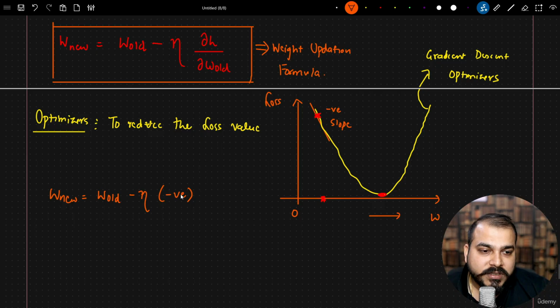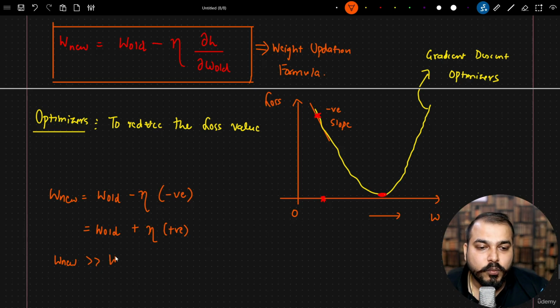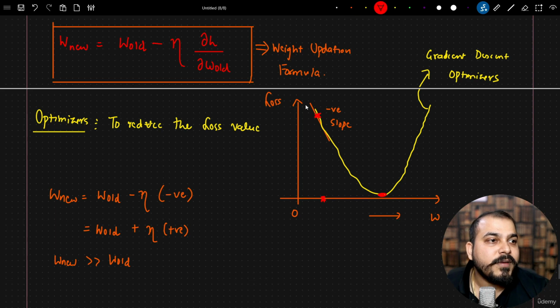Now this is a negative value, so if I add this up, it is W old plus learning rate times a positive value. So here we are increasing the W value. Finally you will see W new will be greater than W old, because negative into negative is positive. So what we are doing over here is trying to increase the weight.